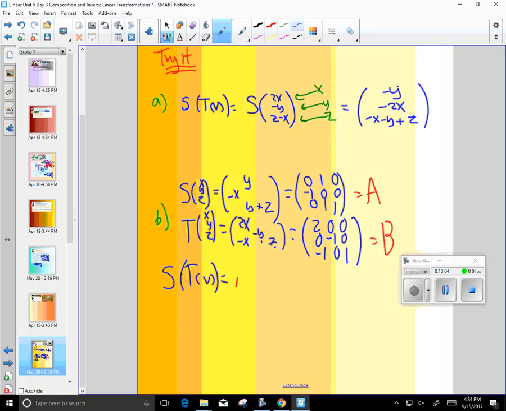That's like multiplying A times B. So do it. Multiply A times B. Use your calculator, or we could do rows by columns just to show you how this is going to work. I predict it's going to be a 0, 0, 0.